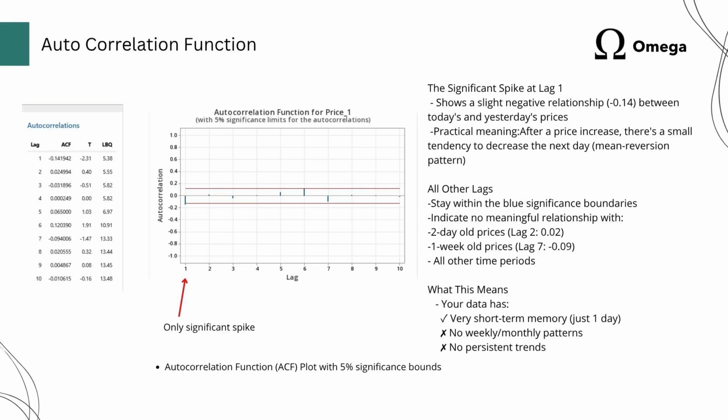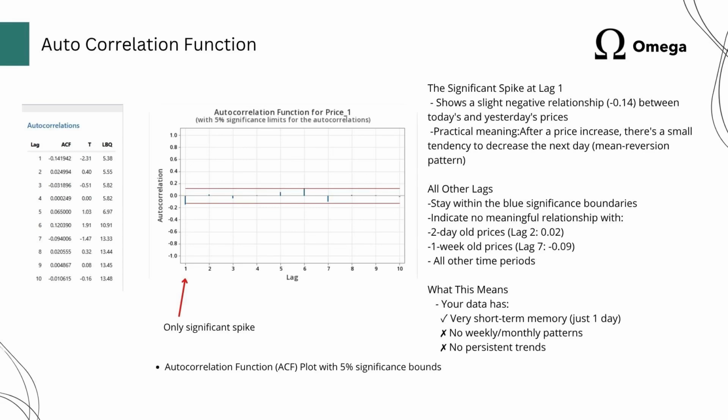Each blue bar shows correlation at different lags, with the red line marking the confidence interval. Bars outside the red line suggest statistically significant correlations, like at lag 1, meaning there may be short-term patterns in the data.